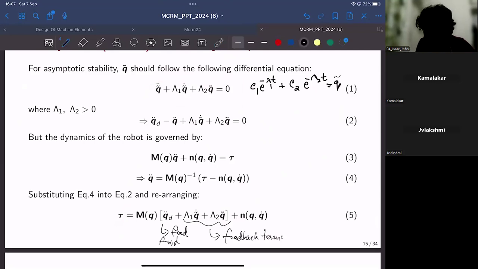So you also call this control law computed torque control, and this is also closed loop control.